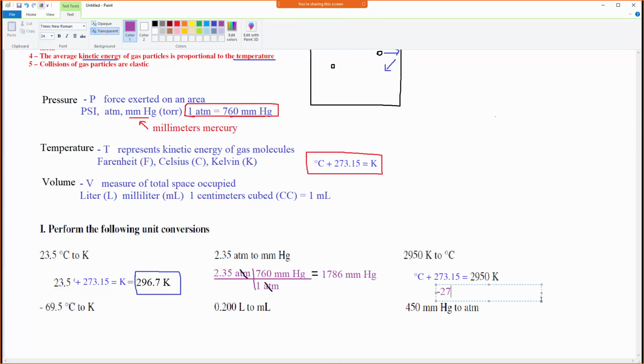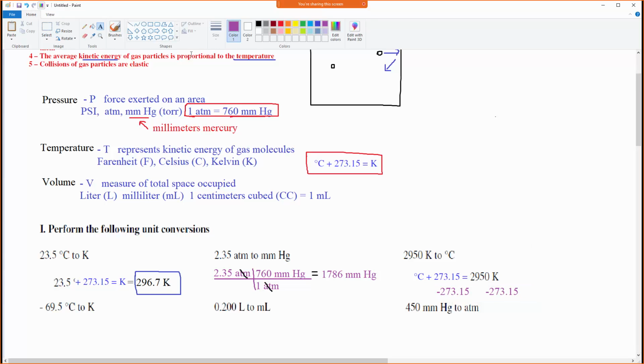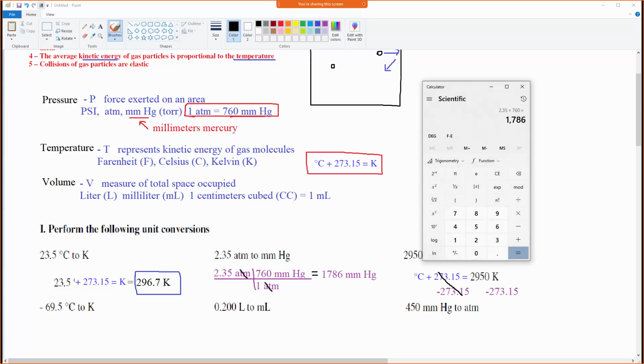Subtract 273.15 on that side, and subtract 273.15 on this side. When I subtract them on both sides, these cancel essentially. And then 2950 minus 273.15 gives me a temperature of 2680 degrees Celsius if I'm rounding that appropriately.